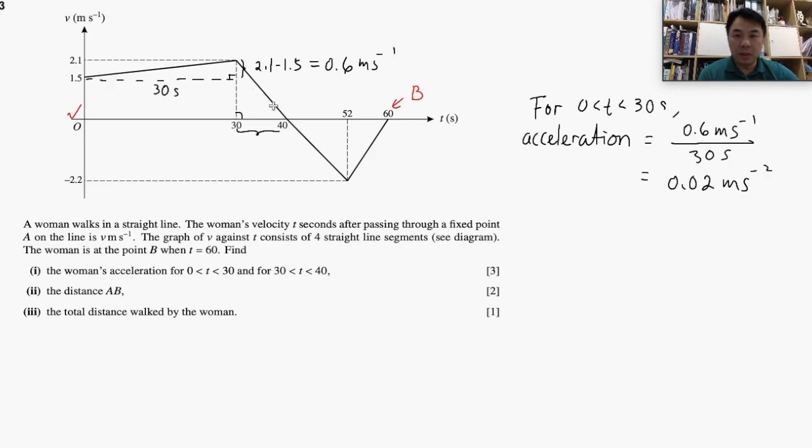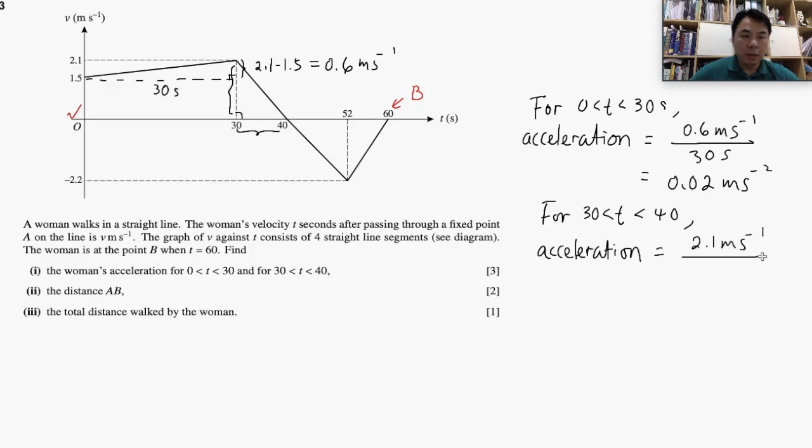For the time frame between 30 to 40, the height is obvious, which is 2.1 meter per second, and the width is the difference between 40 and 30, that will be 10 seconds. Therefore, we have 0.21 meter per second squared. Now in this case, I would like to warn all of you that I make a major error here.